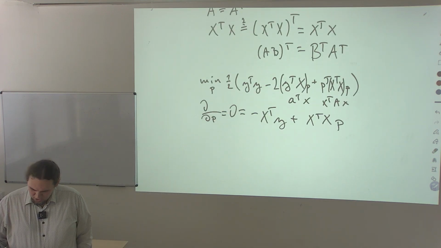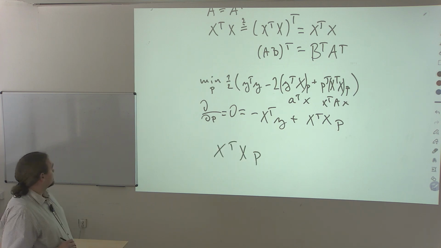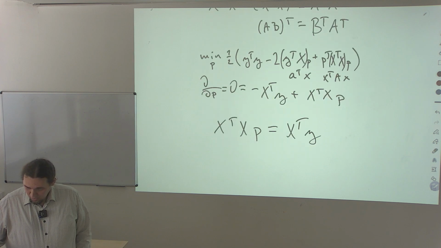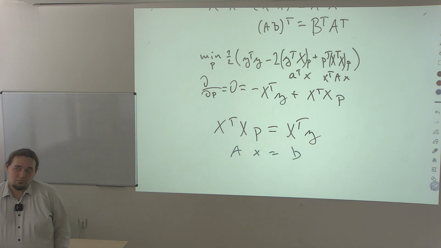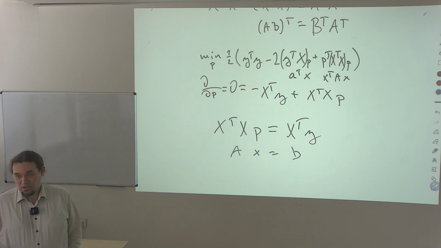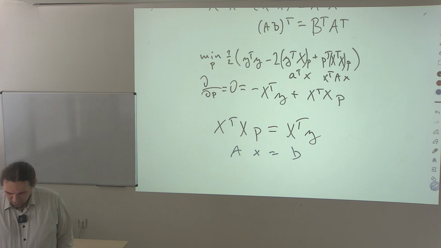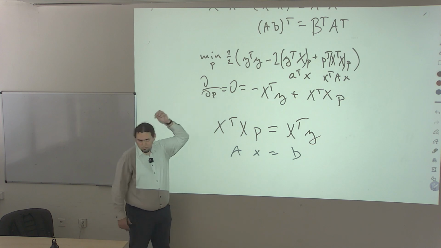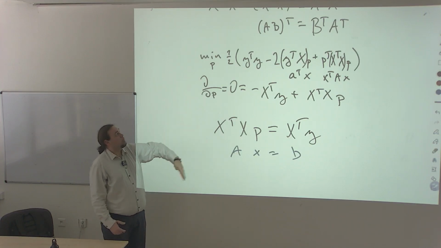So if we rewrite this, x transpose x p, and put the negative term on the other side, x transpose y, we just recover our good old A times x is equal to b, a set of linear algebraic equations, which probably does not surprise you too much. You have probably seen it in your optimization class.